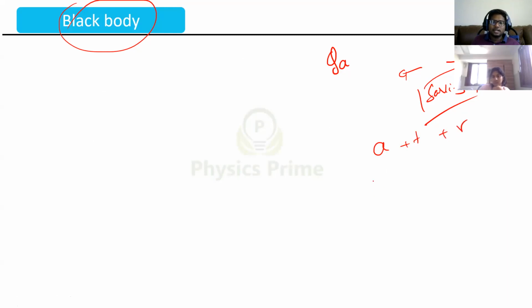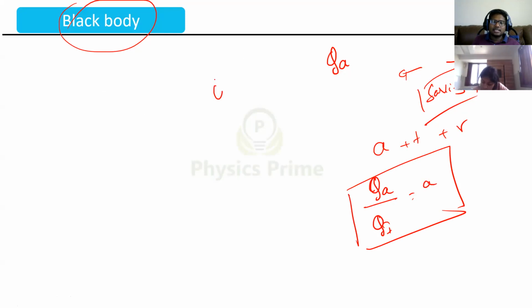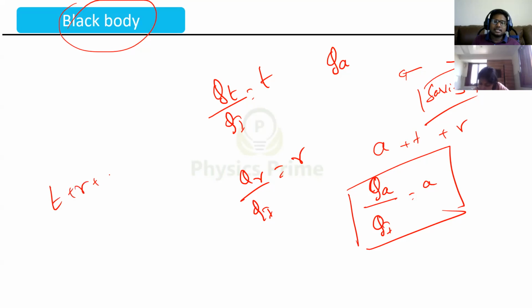That means energy absorbed by energy incident is equal to absorption coefficient. Energy transmitted by total energy incident is equal to transmission coefficient. Energy reflected divided by energy incident is equal to reflection coefficient. Got it? If I add all by incident, incident divided by incident. So when I add T plus R plus A, it will be 1.